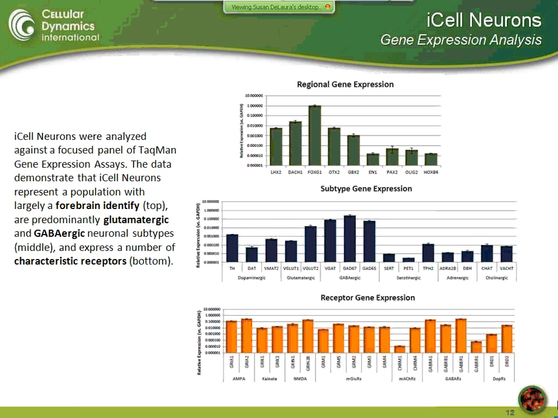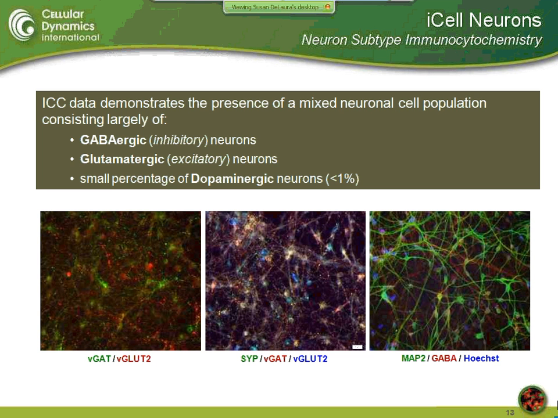So what it boils down to is that the population of cells that our iCell neurons consist of is primarily GABAergic and glutamatergic, around a 50-50 mix or 40-60% mix, meaning 40% glutamatergic, 60% GABAergic. And like I said, there's a very, very small percentage, less than 1%, that are dopaminergic neurons.